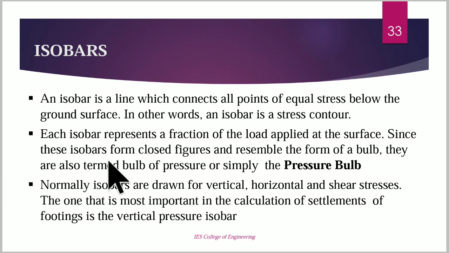Since these isobars form closed figures and resemble the form of a bulb, they are also termed bulb of pressure or simply the pressure bulb. Normally, the isobars are drawn for vertical, horizontal and shear stresses. The one that is most important in the calculation of settlement of footings is the vertical pressure isobar.